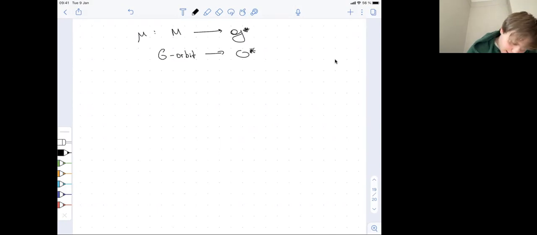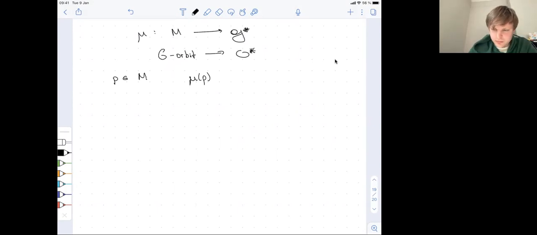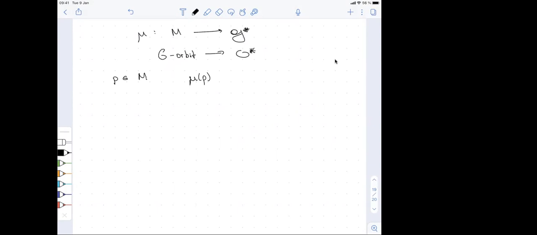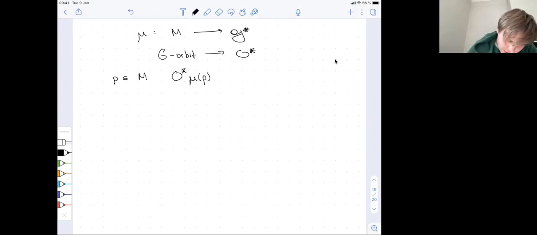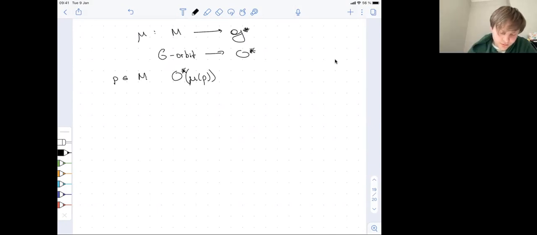So let me take some arbitrary point P of my manifold, okay? Mu of P can be anything, right? Yeah. But then let me consider the coadjoint orbit of mu of P. And now I do the following construction.